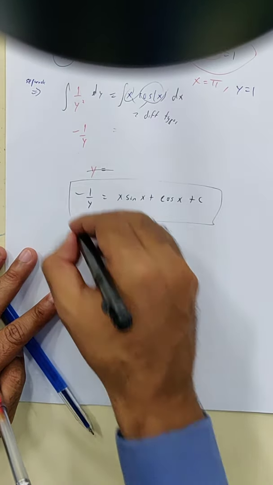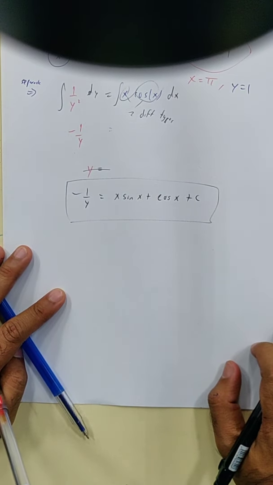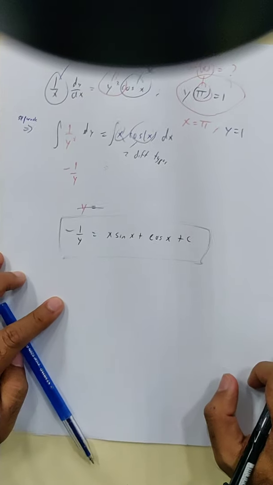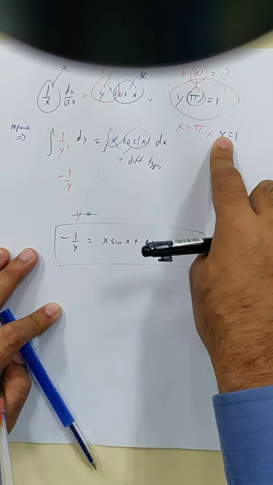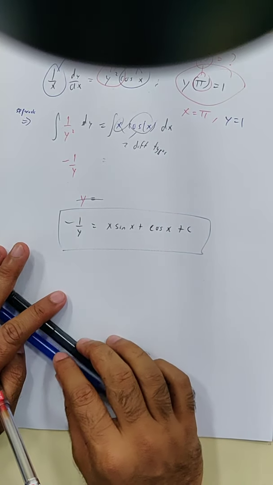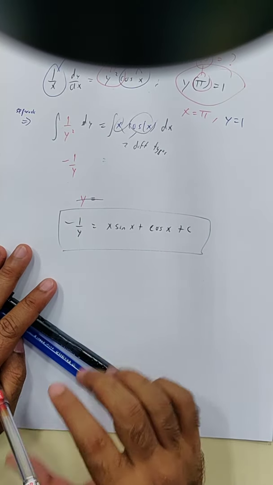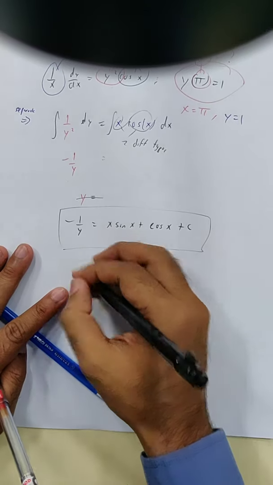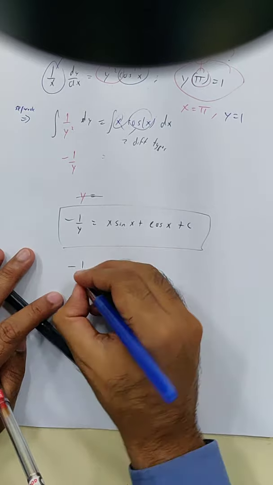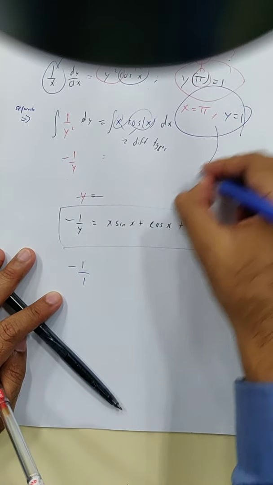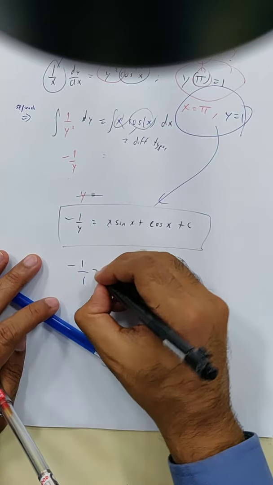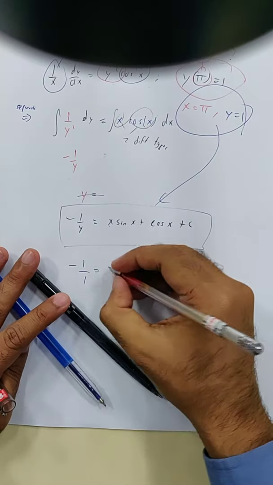I got here, and then we want to substitute. Substitute what, sir? How do we substitute this inside here? So y is 1. So x is? x is pi.